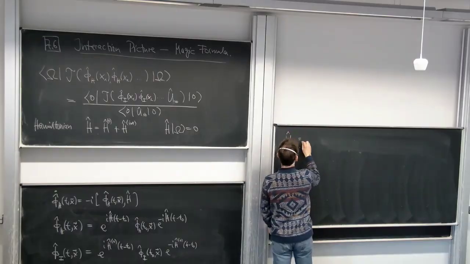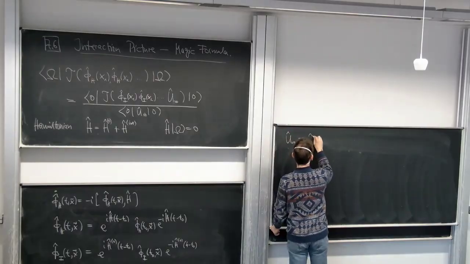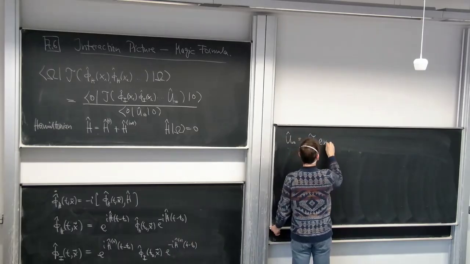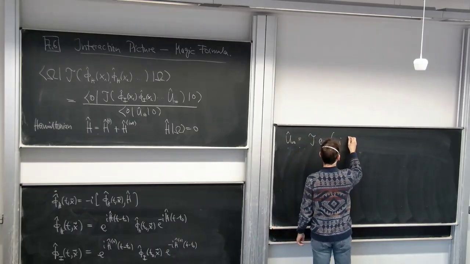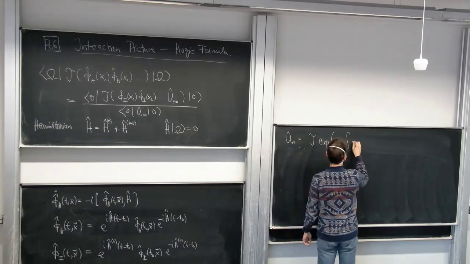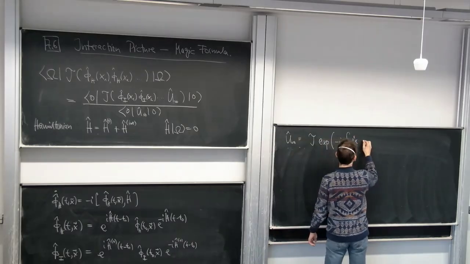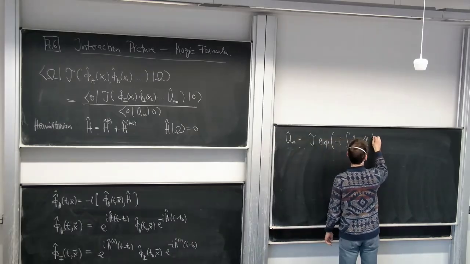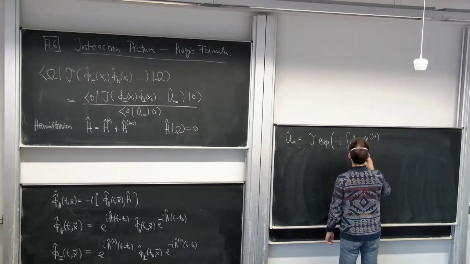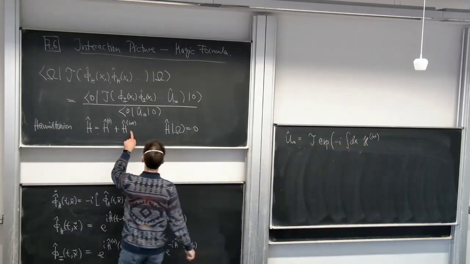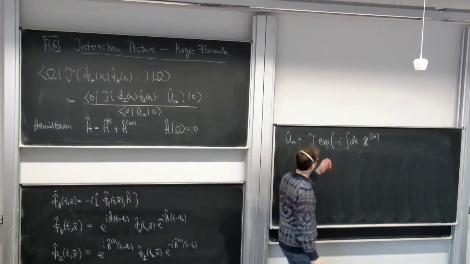U is defined as the time ordered exponential operator, minus i integral d4x of your Hamiltonian density, the one that corresponds to here.